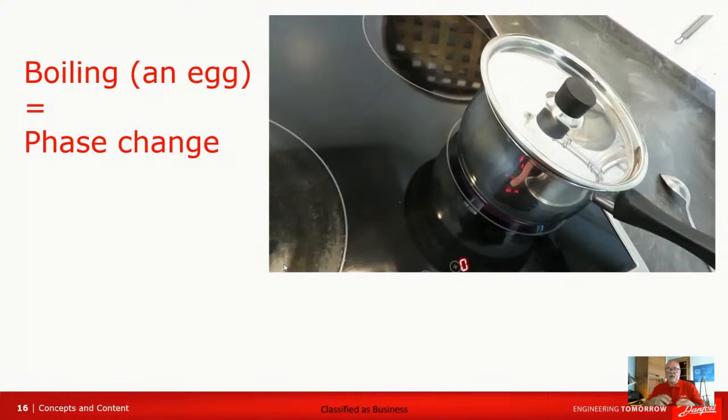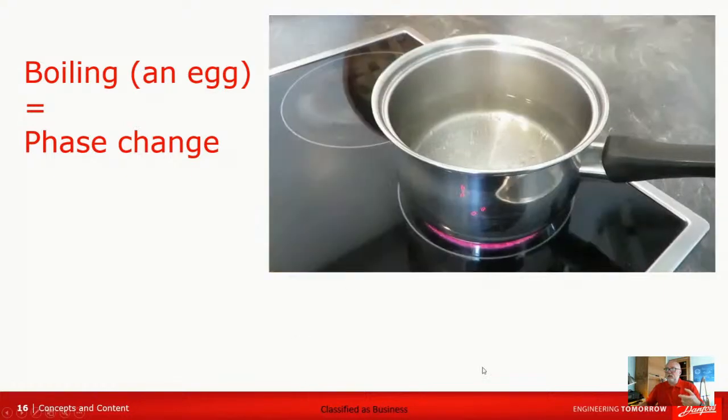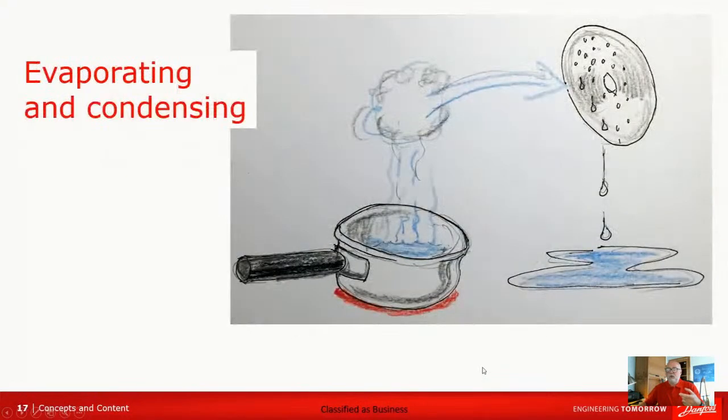And you can say the condensing is a complete opposite of the boiling. So we could, in fact, form a circuit with two phase changes, one from liquid to vapor and another from vapor to liquid. And actually, if you look at the drawing, we could have the water from the lid dropping into the pot, and we would have a complete circuit.